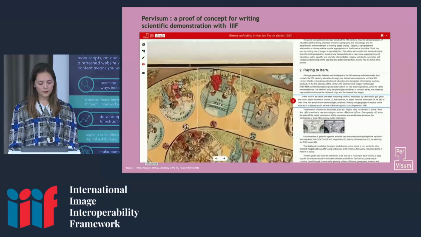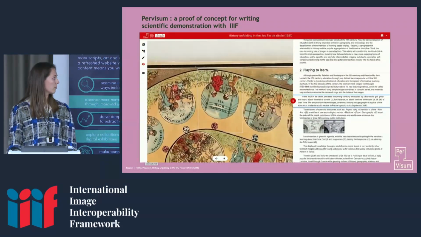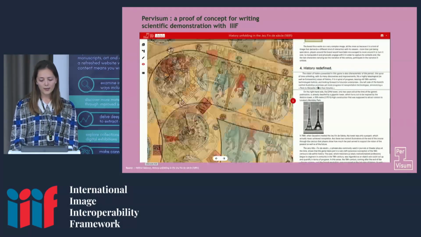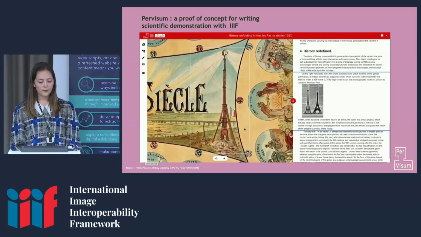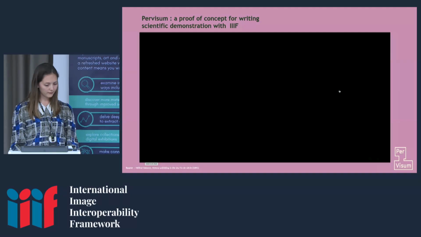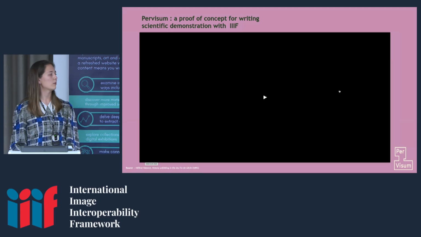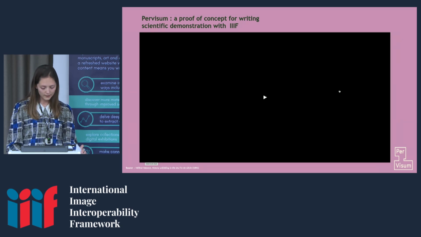So you can see that the areas of interest on the image are highlighted while remaining in their original context, thanks to IIIF. And what is interesting is that you can navigate either through the image or the text. So this scientific demonstration was built with the PerVisum tool. So we're going to see how it was created.